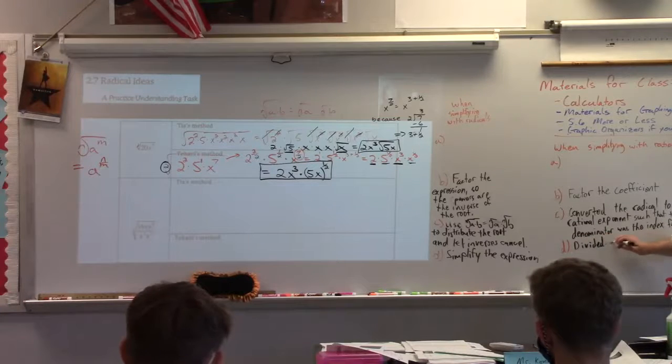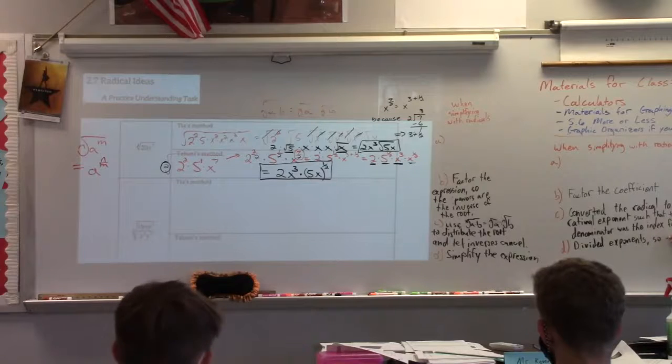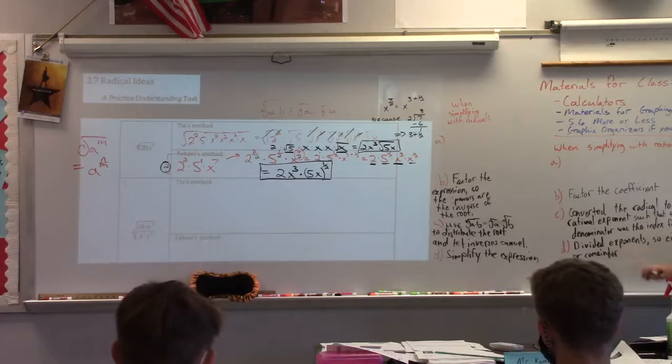After that, we divided the exponents. So either an integer, or remainder. All right, so we had either an integer or a remainder, right? X to the 3 plus 1/2.